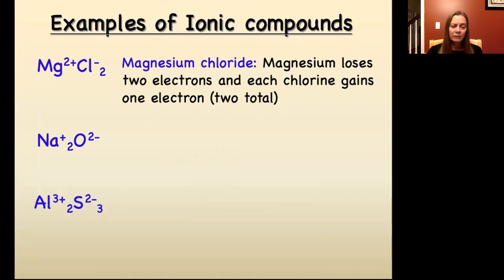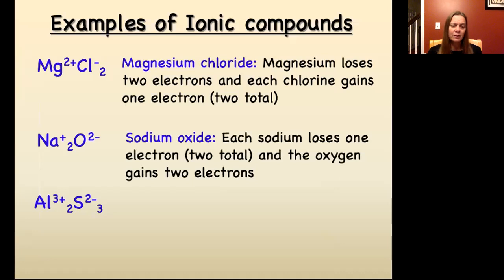By the same token, if we look at sodium oxide, we know that sodium is going to form a charge of +1. Oxygen is going to gain 2 electrons. So it needs to have 2 sodium ions in order to gain those 2 electrons. And we're going to form a neutral compound. And then the last one, and these are the trickiest ones, aluminum sulfide. So we see that aluminum is going to form a charge of +3.